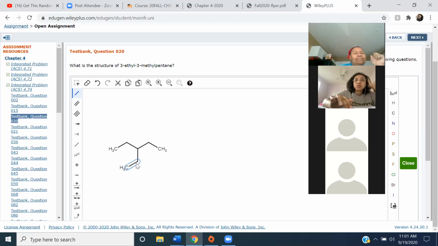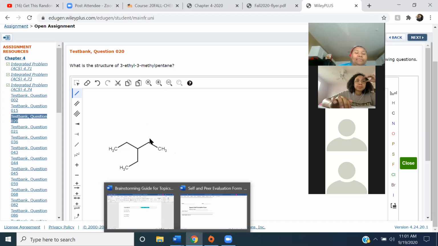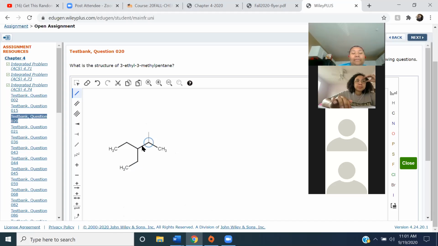That part's correct. Now towards the right, that is wrong, and I just don't remember how I got this answer. Delete those 2 lines.